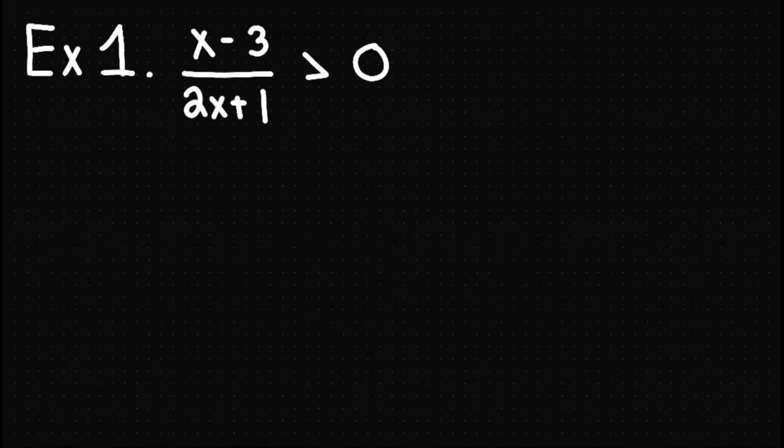Let's go on to our first example. Let's have x minus 3 over 2x plus 1 is greater than 0.